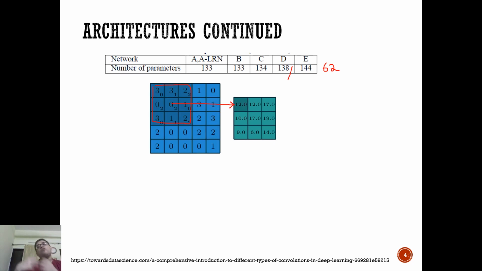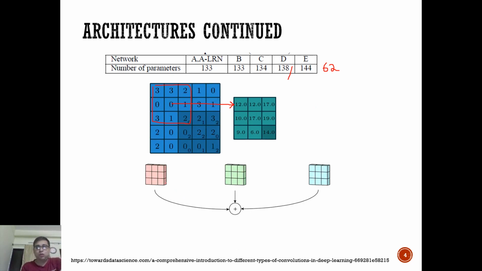One confusion I often come across with students is that when I have multiple channels, which may be red, green, blue, or may be due to the number of filter operations, how do they give me an output like this? If you consider these as 3 channels, these 3 filters apply on 3 channels, and you get activation maps which are then aggregated. This aggregation gives you the final output from your convolution layer.